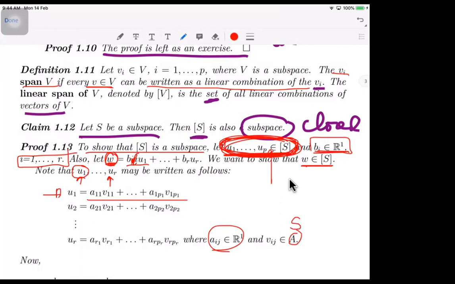So if you have your notes with you, edit them. And then u2 can be written as a linear combination until uR. So this is S.